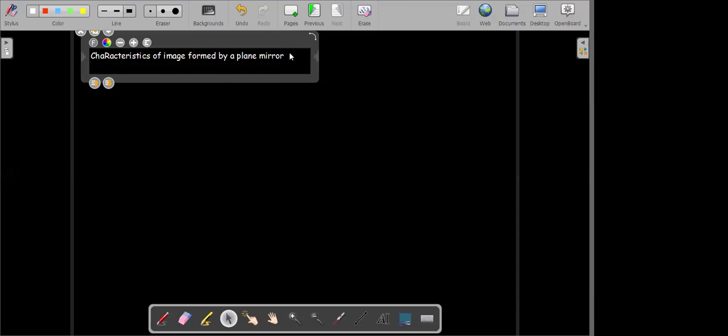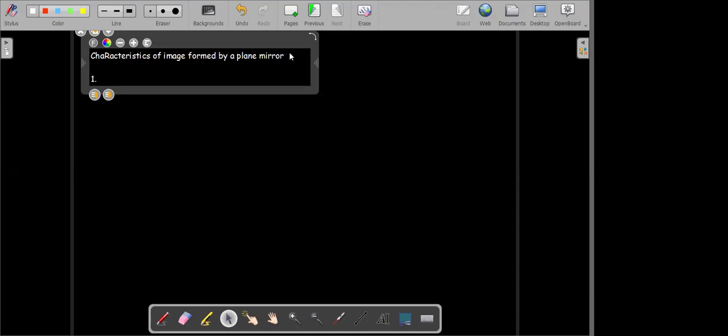We observe the image to be laterally inverted. The first thing we observe is lateral inversion. Okay. So can anyone tell what is lateral inversion? It will be upside down. No, it's not upside down. It's laterally inverted.